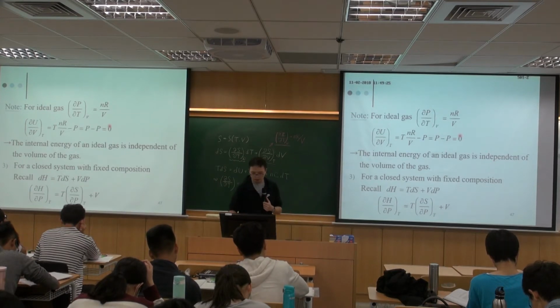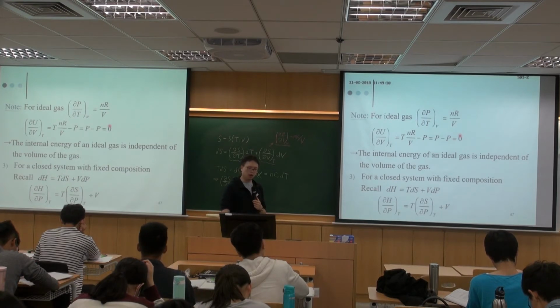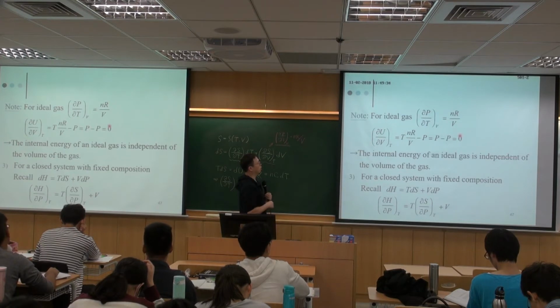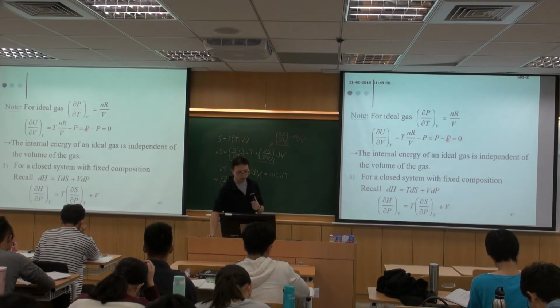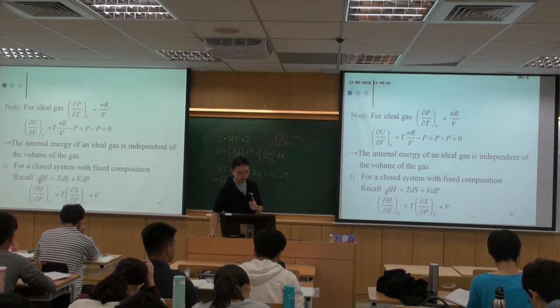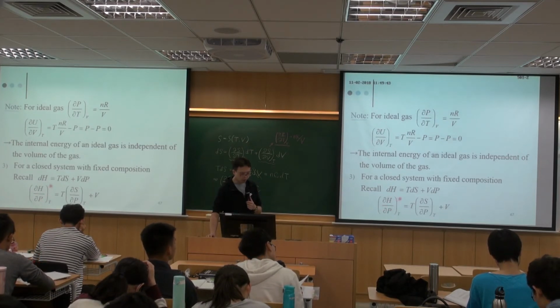But for a closed system, again with fixed composition, if we're starting from dH, let us look at the enthalpy. For the enthalpy, in this case, we want to check partial H, partial P. In fact, we can check a lot of different things.